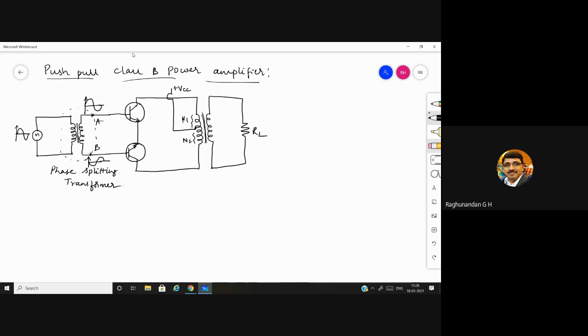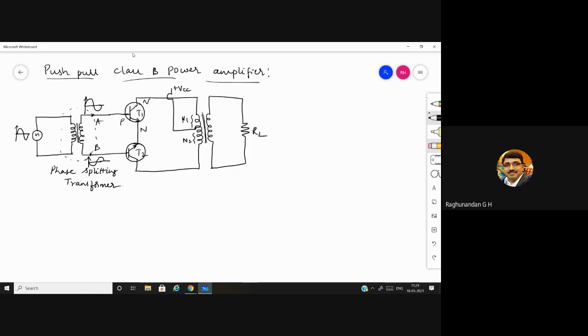Now, since both the transistors are NPN, let us take this as T1 and this as T2. For an NPN transistor, to turn on, do you need a positive voltage or a negative voltage? N, P, N. That means the base is positive.